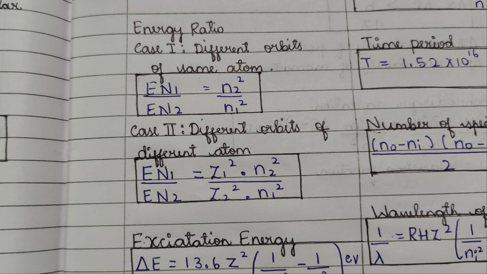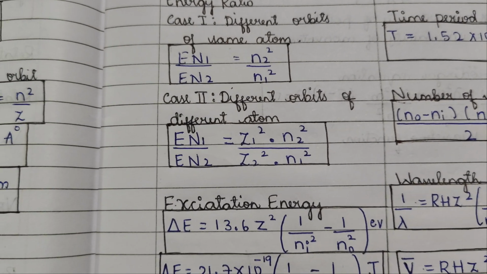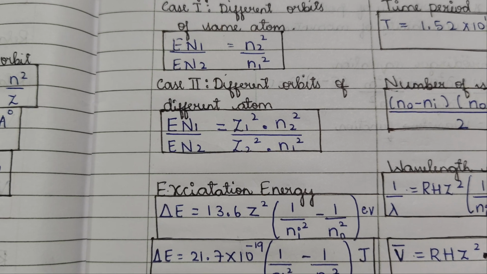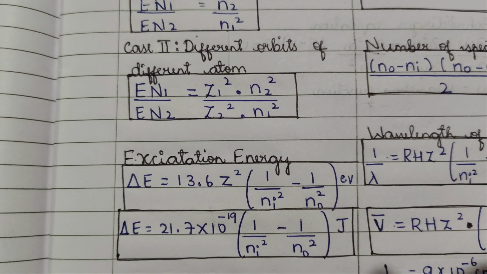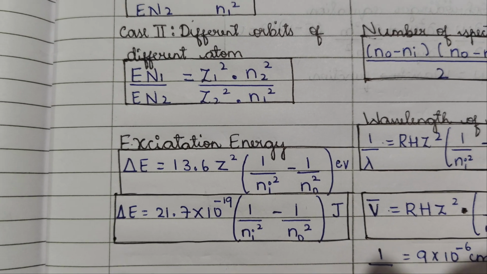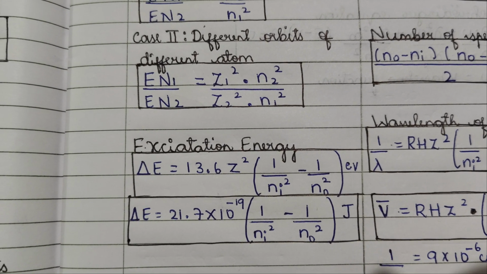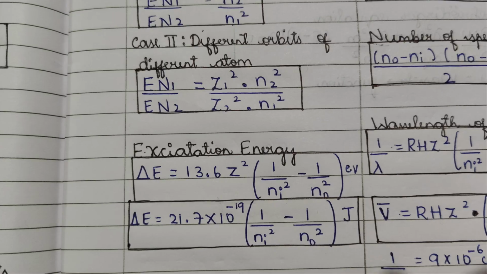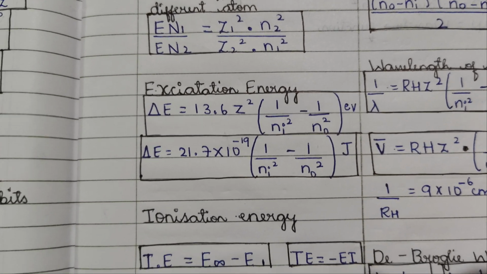Then the energy ratio En1 by En2 is equal to n2 square by n1 square. Case 2: different orbits of different atoms. Then the energy ratio En1 by En2 is equal to z1 square into n2 square divided by z2 square into n1 square.